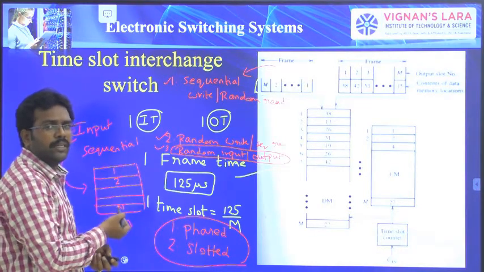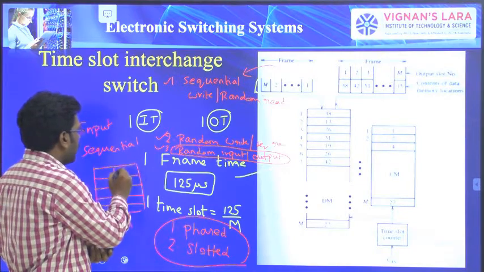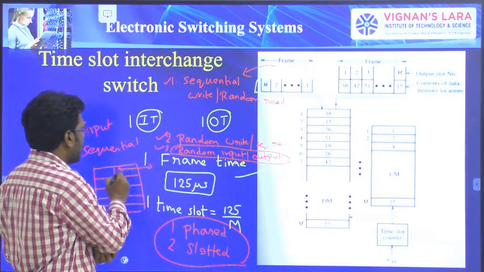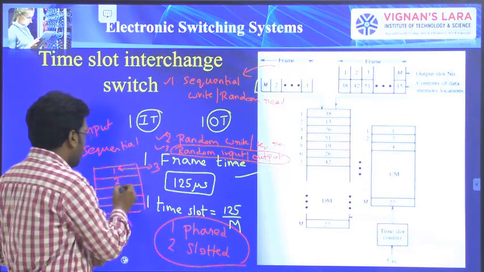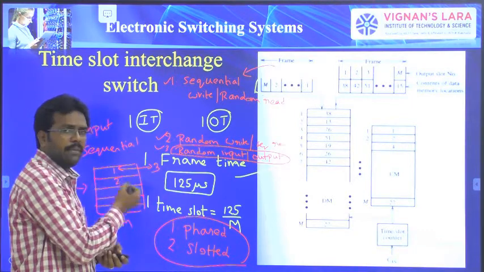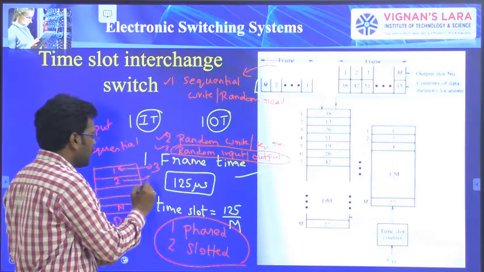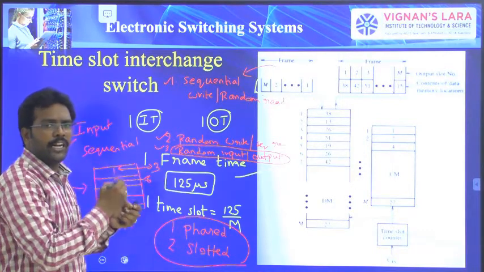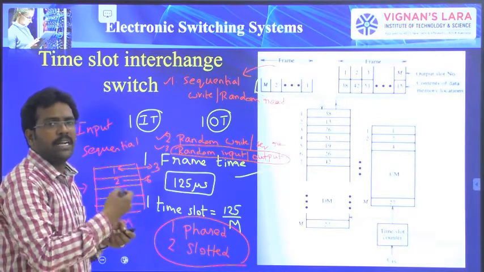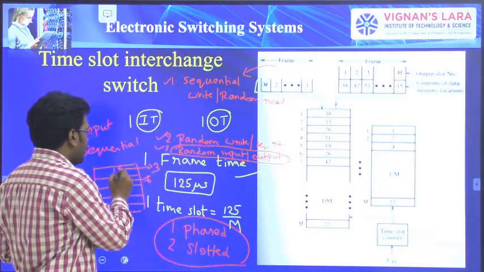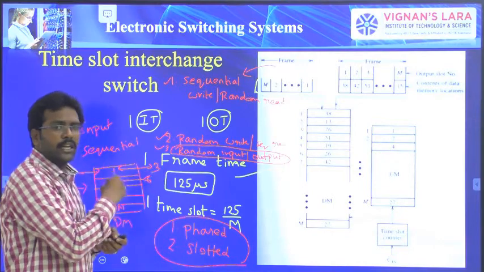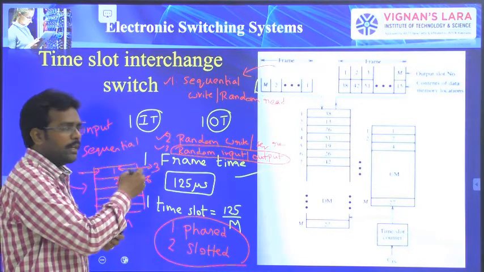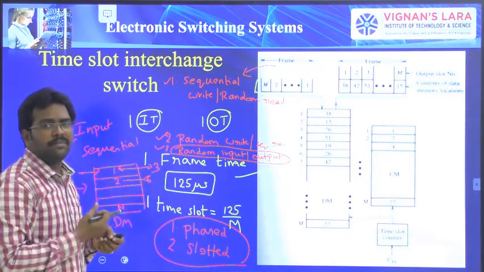Since the inlet and outlet may be different, the first inlet may have the third outlet, or the second inlet may have the sixth outlet. That means while reading from the data memory, it reads randomly, because the first inlet's data is transferred to the third outlet. Therefore, it has to read the data randomly.